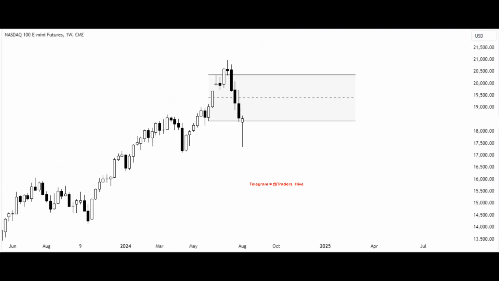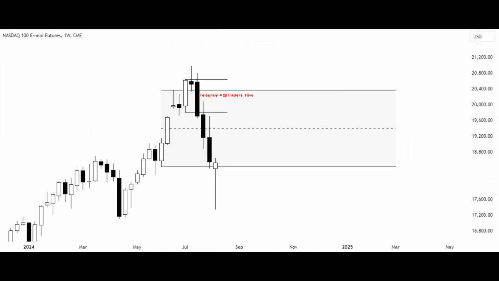Now another thing you can see right here is this monthly candle CRT, right? If you look at it closely, then you'd see that it was purged with this big bulky candle. The monthly candle height was taken out with this weekly candle, and now that weekly candle in itself could be treated as a CRT, because that candle purged a higher time frame CRT, and it's a big one, right?